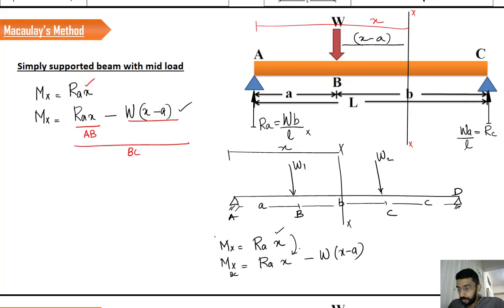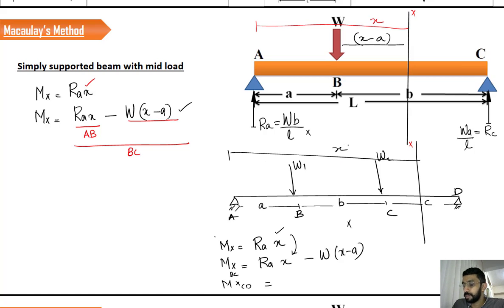right? Now again, if you find the moment at say CD, that means I am going to define the sectional plane here, where this distance is going to be X. Then how is the equation going to be? Same, Ra into X minus W into X minus A minus W2 into X minus A plus B, right?